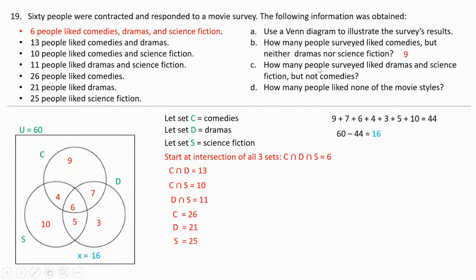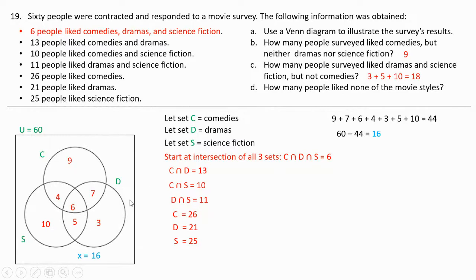There's my 9. How many people surveyed like dramas and science fiction, but not comedies? Okay, so let's go here. Let me go back here. So how many people surveyed like dramas? They like dramas and science fiction, but not comedies, right? So we're going to go to dramas and science fiction, right? But not comedies.